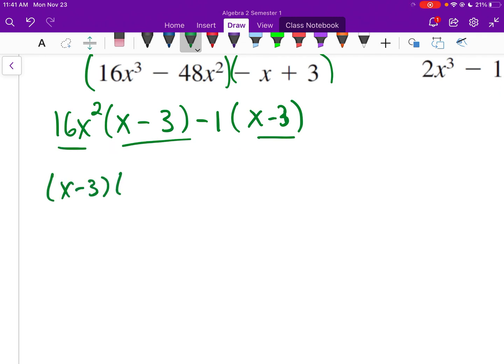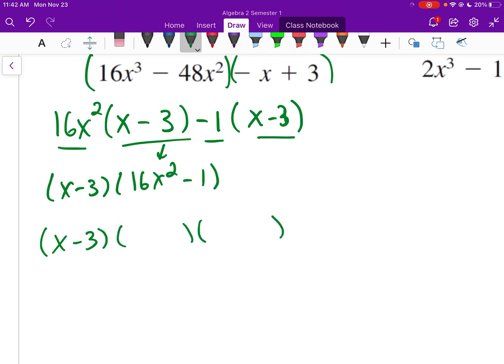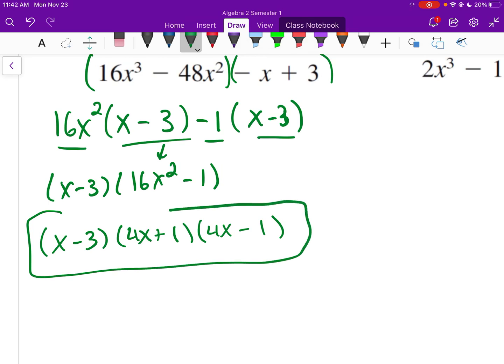So x minus 3, we're going to factor that out, and it would be times 16x squared minus 1. Okay, I see a squared term in there, so we got to make sure it doesn't factor further. In this case, it does, since it's a perfect square. So x minus 3. Okay, to square to get 16x squared would be 4x. Squaring to get 1 would be 1. Opposite signs.